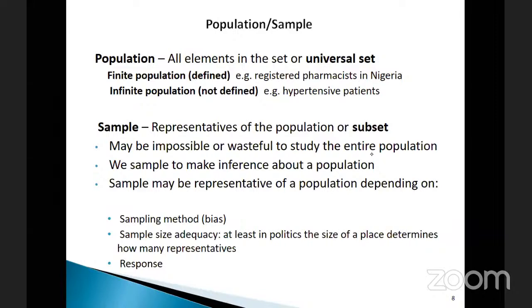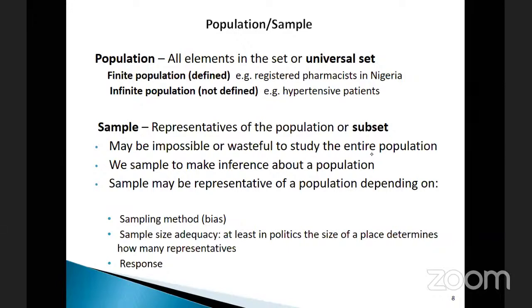And another factor there is response. Yes, you're taking a sample to make prediction about a population. If the sample you're taking does not respond to your study, will you now say that the sample is representing a population? No. It's only when they respond that you can translate your finding to what happens to the population.